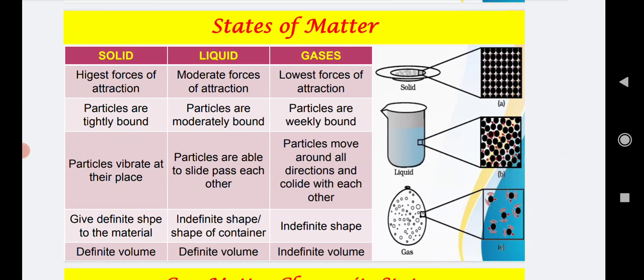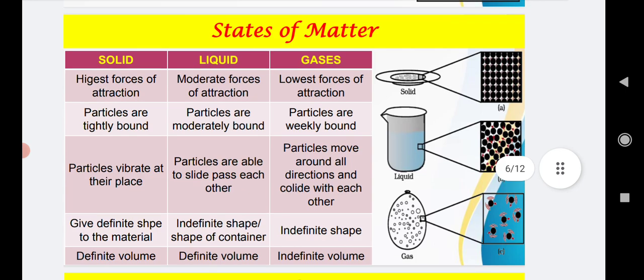States of matter. In this image we see solid, liquid and gas, the three states of matter. Taking the same proportion, the particles of solids are spaced so closely and tightly that there is very minimum space between them and they can hardly move around.